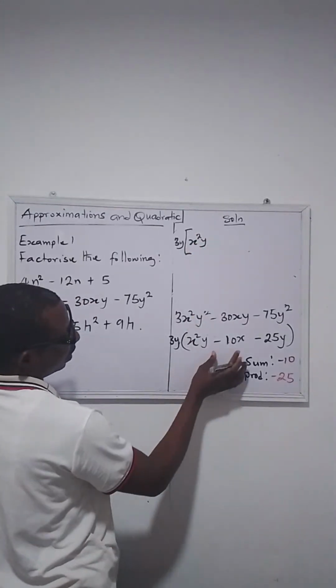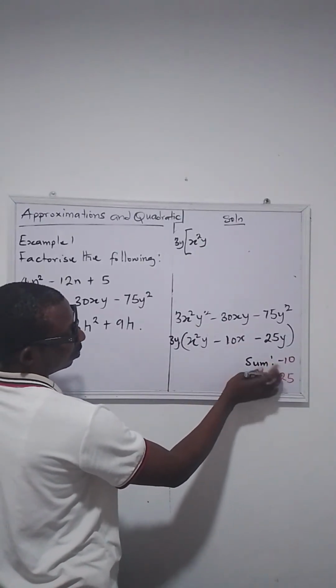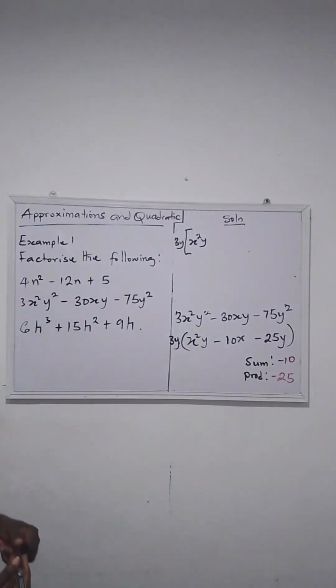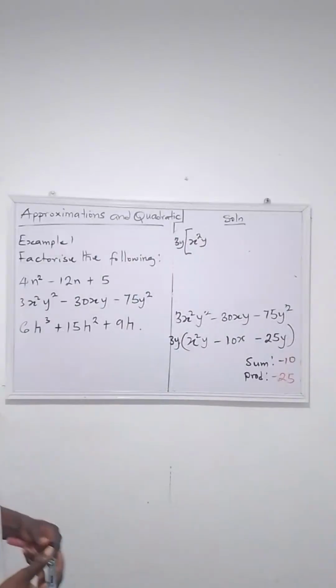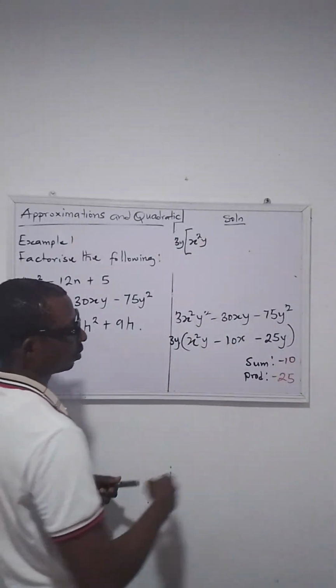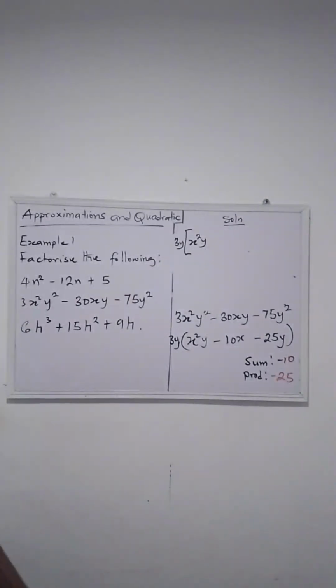Now before we do that, because we have to divide this, what is going to be the two numbers such that when you multiply together you have this, and the addition will give you this? Don't forget I said the two numbers should be factors of the products. So what will those two numbers be?